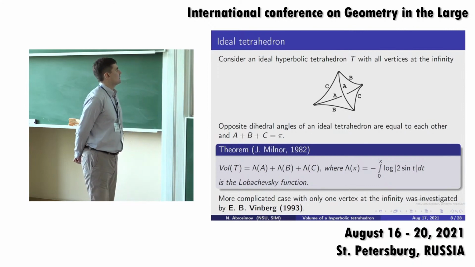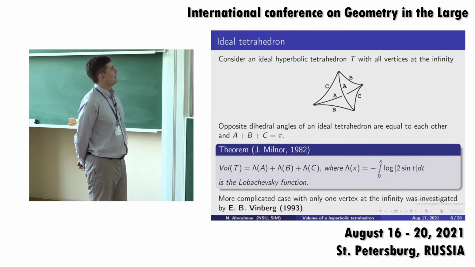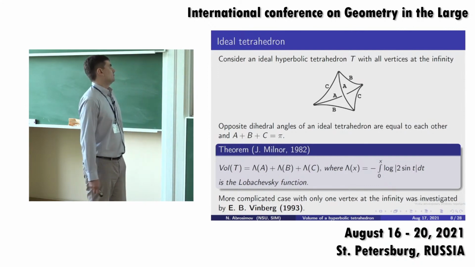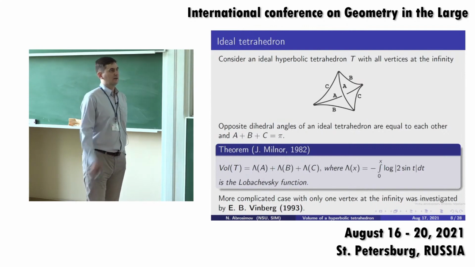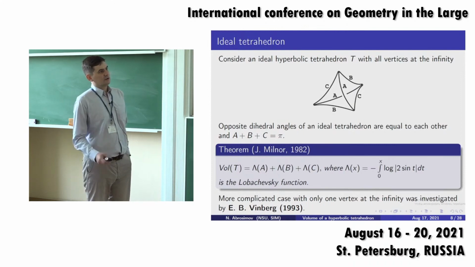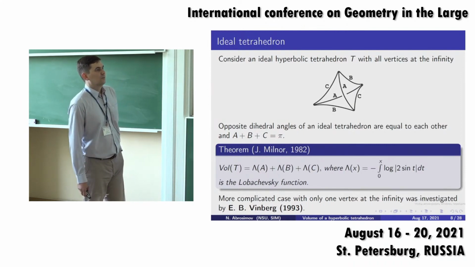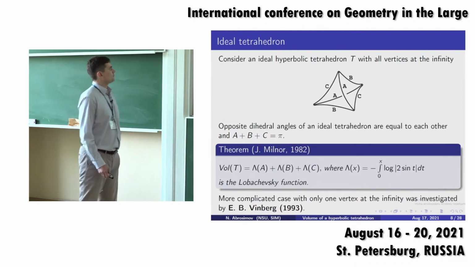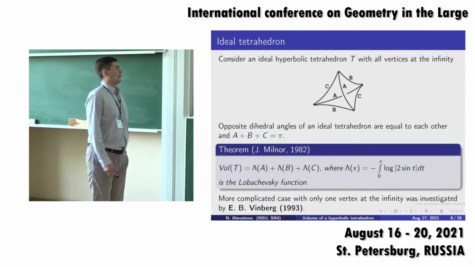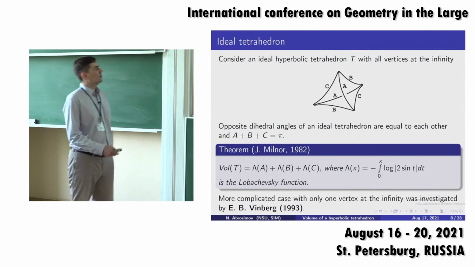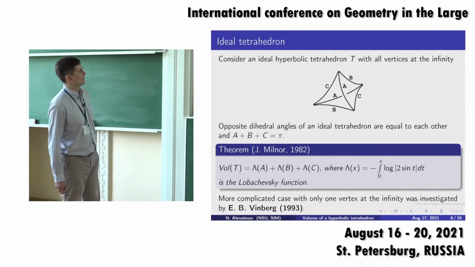Since all vertices are at infinity, the sum of dihedral angles adjacent to each vertex is equal to pi. And consequently, the dihedral angles along opposite edges are equal to each other, so it has a symmetry.